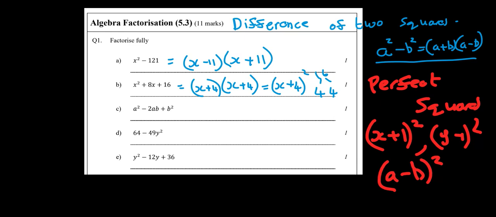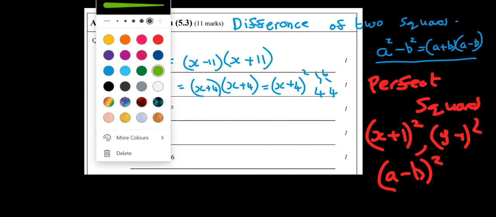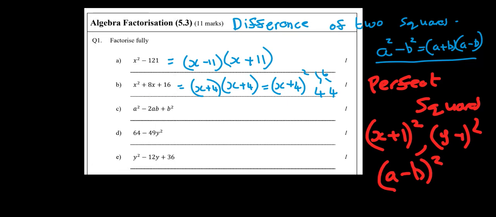Now hopefully we can recognize the pattern here. If we can't, we can approach this in a slightly different way. I'm going to do it up here. So we've got a squared minus 2ab plus b squared. Now we can split this up to give a squared minus ab minus ab plus b squared.